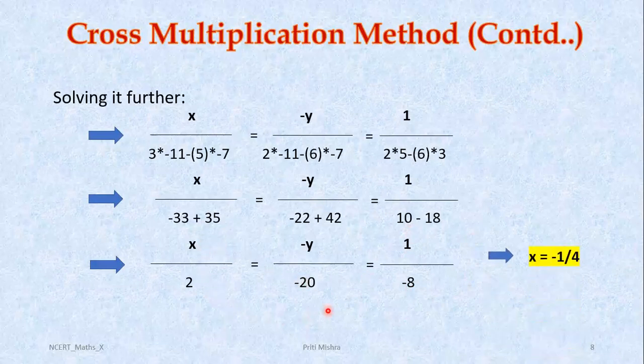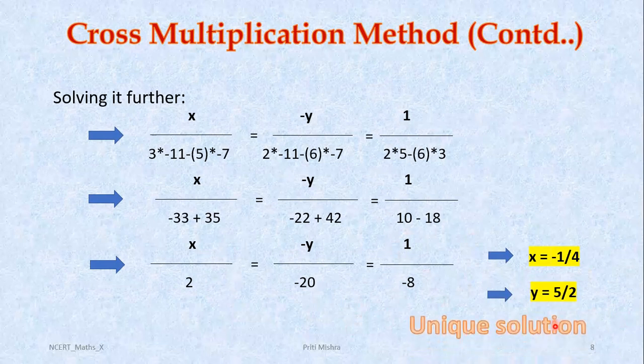So just by considering these two ratios, value of x will be minus 1 by 4. And by considering these two ratios, we will be having value of y, which is 5 by 2. So once again, we are having here a unique solution. So this was the cross multiplication method.